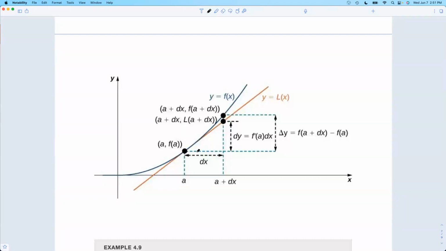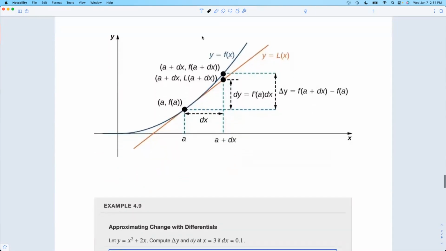Delta x is the actual change in x's. And we're saying that the actual change is approximately equal to the change in y on my tangent line.